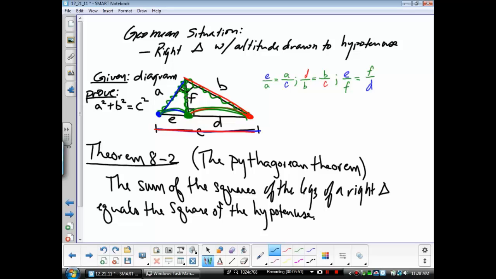To do that, we're going to use these two proportions. These two proportions, if I do the means extremes property, are a squared equals e times c, and b squared equals d times c.